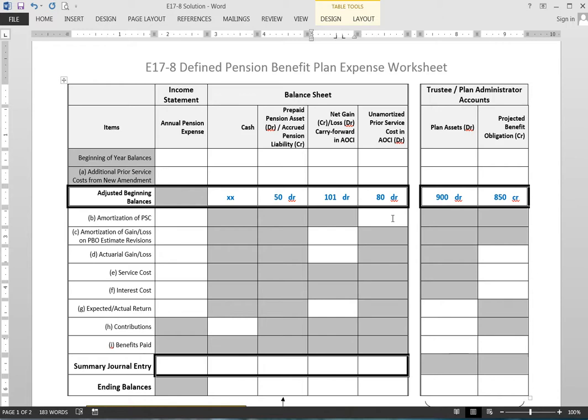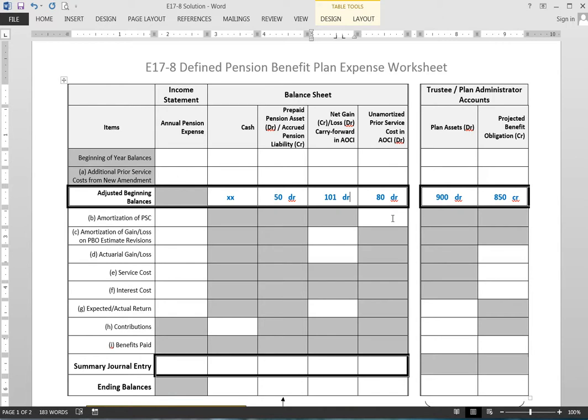In other words, if we make a change to the plan that causes the projected benefit obligation to go up by $100,000, we don't have to recognize all of that in the year in which we made that change. GAAP allows us to amortize that expense, that cost, over time.